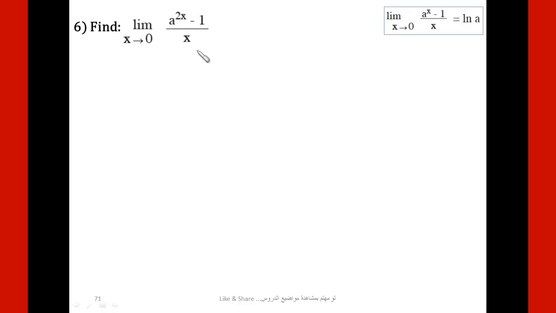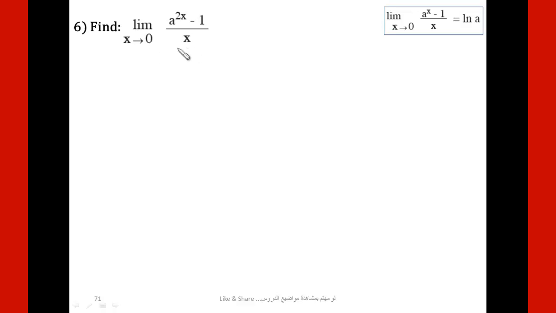So we want to write the limit in the form of the rule with the same coefficient of x. So we will multiply the limit by 2, multiplying up and down by 2. 2 divided by 2 equals 1, so we will not change the value of the limit.